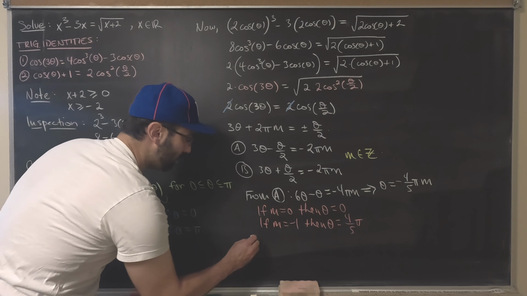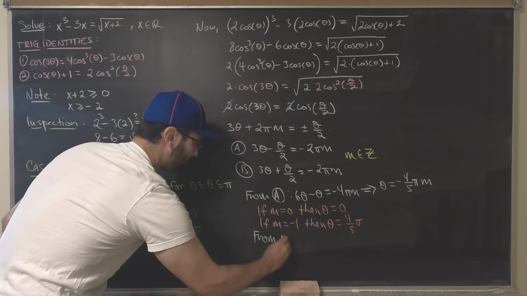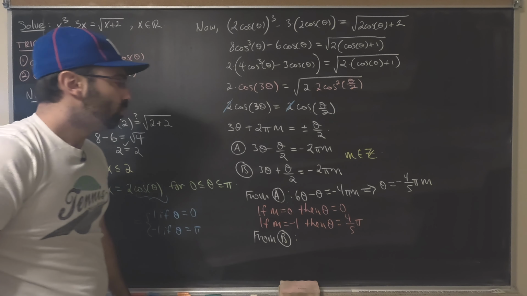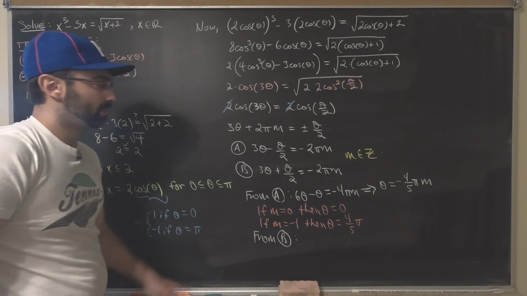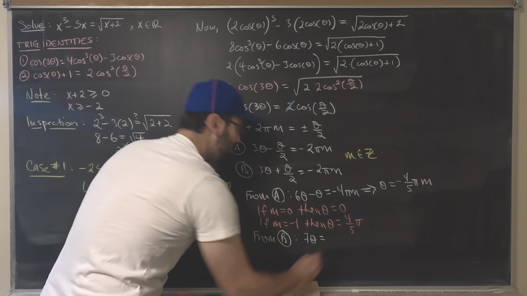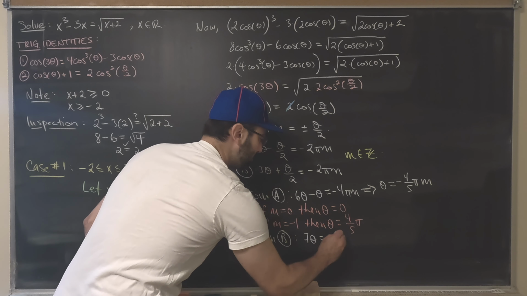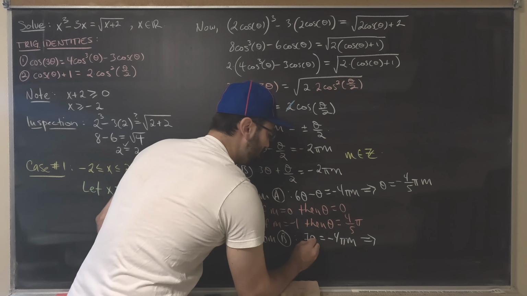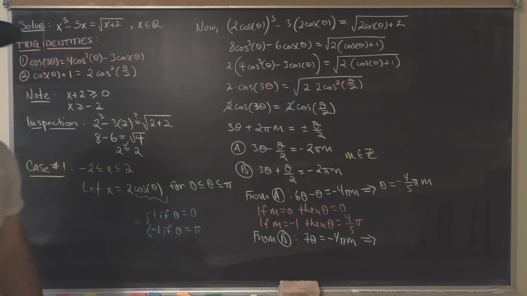How about from B over here? Well, if we multiply through by 2 as well, we get 6 theta plus theta, that's 7 theta, equals negative 4 pi m. But all that tells us is theta is negative 4/7 pi m.